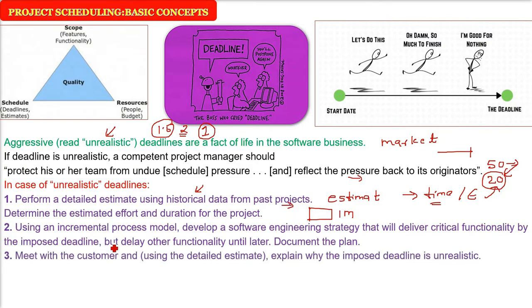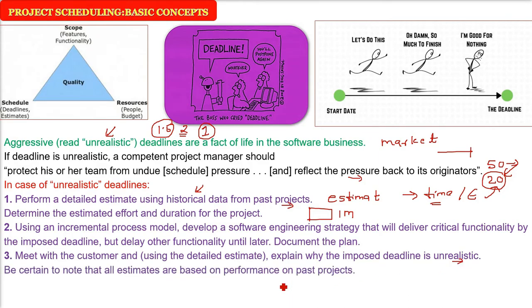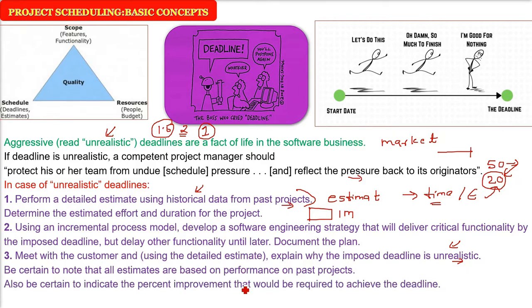Then meet with the customer. Try to meet along with all the detailed estimates you have created. Explain, in very kind words, why this deadline which is being imposed on us is really unrealistic, because all the estimates you have done have to be very prominent and realistic, and also what percentage improvement every increment is going to give in order to achieve the deadline.